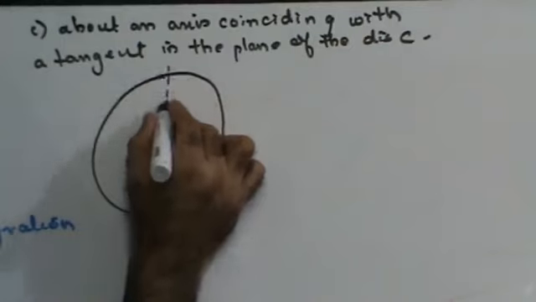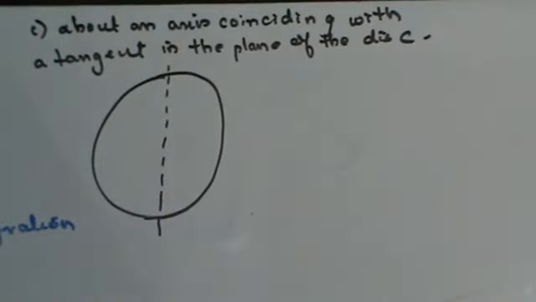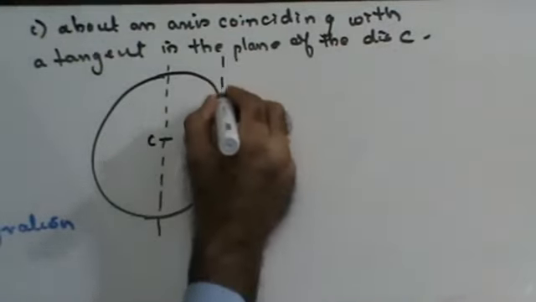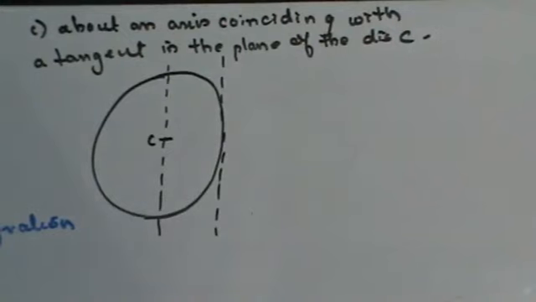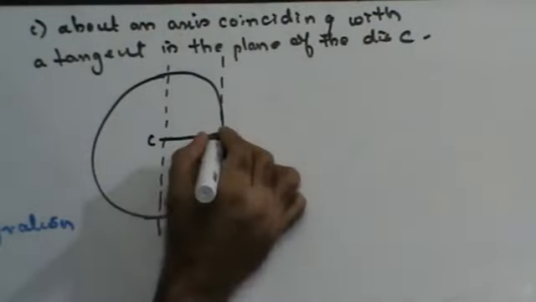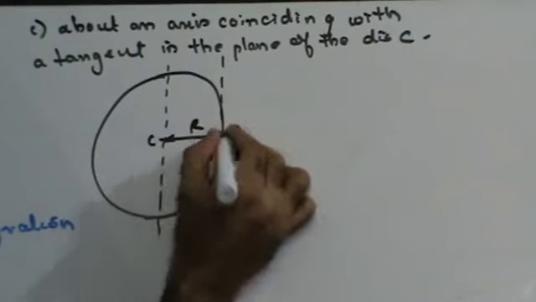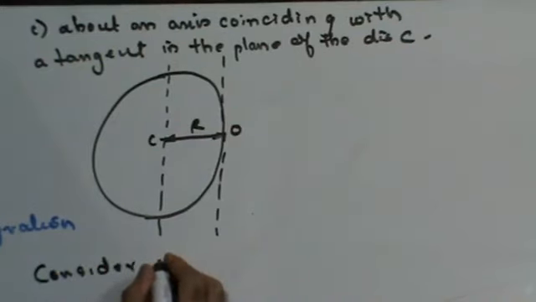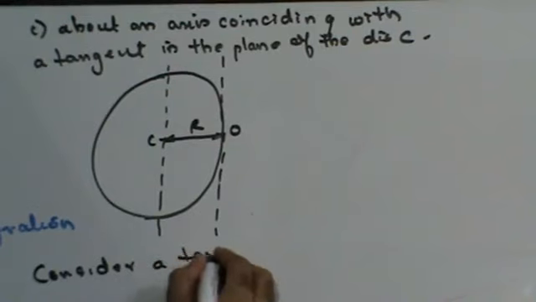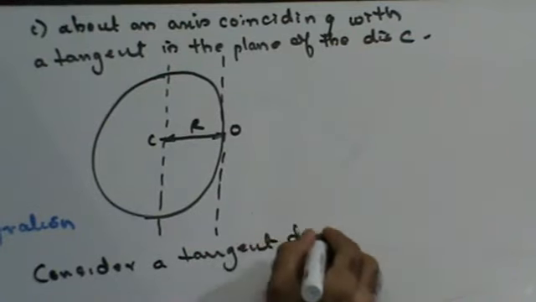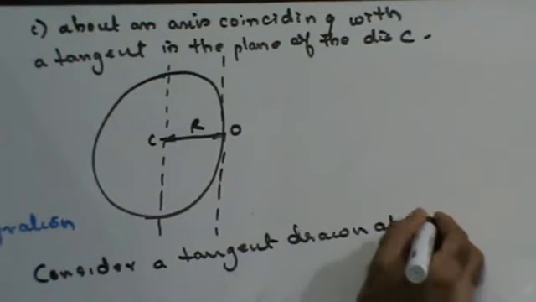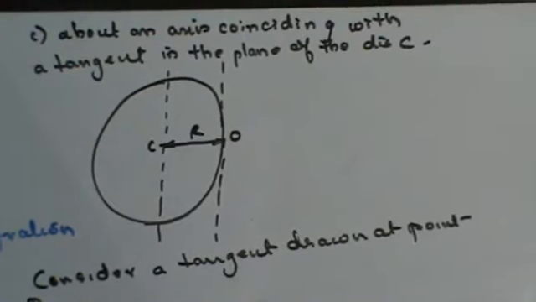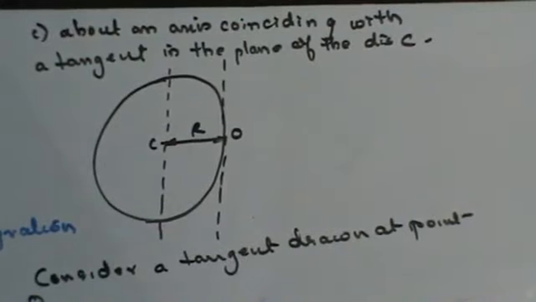This is my moment of inertia about any diameter which is passing through center C. I want to find out the moment of inertia about an axis which is tangent to the disk. Now let's assume that the radius of the disk is r. This is my point of intersection, right? Consider a tangent drawn at point O of the disk.